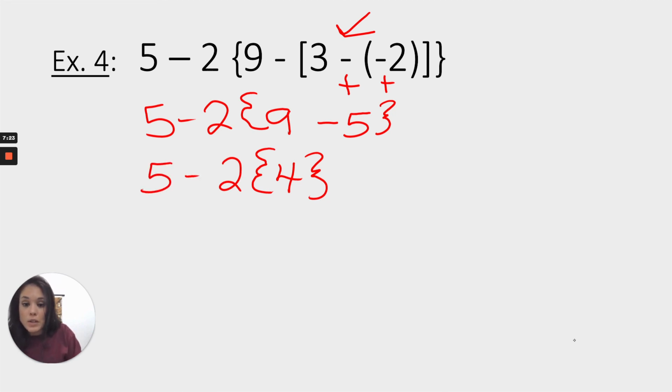Now the next thing we need to solve is what is right outside of this brace. If you have a number right outside of a parentheses, a bracket, or a brace, this means to multiply. Right here, that means to multiply. So we're going to multiply 2 times 4, which is 8. And then I'm going to rewrite my problem. 5 minus 8 equals negative 3.